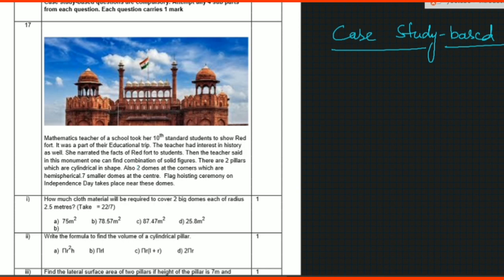There are 2 pillars which are cylindrical in shape, and also 2 domes at the corners which are hemispherical. 7 smaller domes at the center. Flag hoisting ceremony on Independence Day takes place near these domes. This is only what is given, but you can yourself make more questions on these 7 lines of the paragraph.